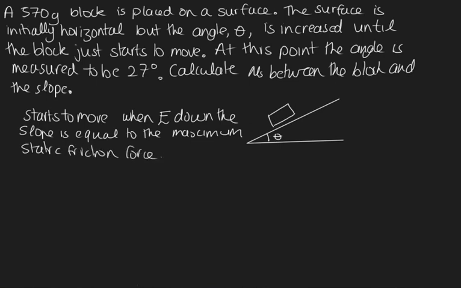So what we can do is we can break the forces felt by this block into components. So we've got the weight force acting downwards. Now we can break this into a component parallel to the slope and also a component perpendicular to the slope.